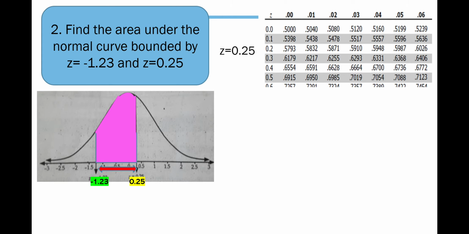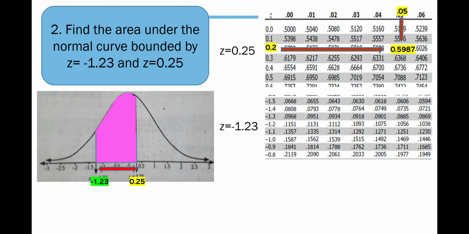Find 0.2 and 0.05, and the intersection is 0.5987. Next, find the value of z equal to negative 1.23 using the negative table of z. Find negative 1.2, and in the upper part, 0.03. Then get the intersection, so the value is 0.1093.